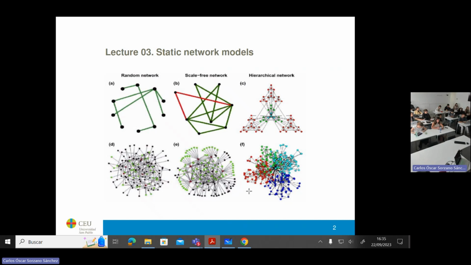And we may have hierarchical networks, as many telecommunication networks are hierarchical. There is a hierarchy of nodes, each one of a higher level, and the nodes of level n can only connect to nodes of level n+1. So there are many different kinds of networks.